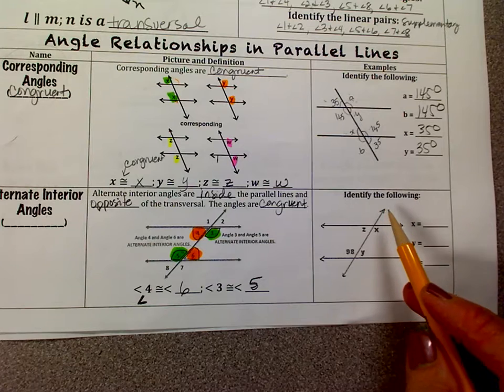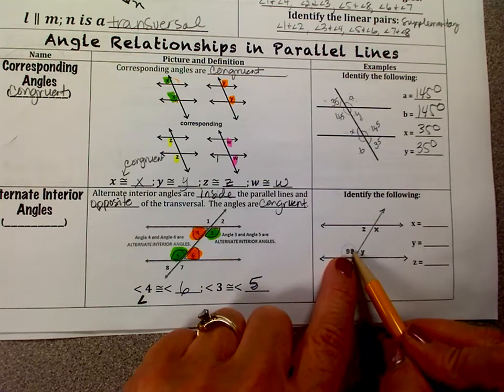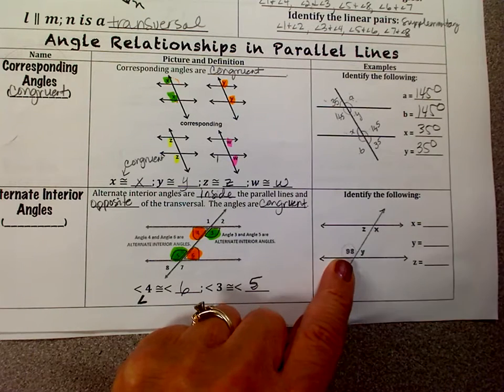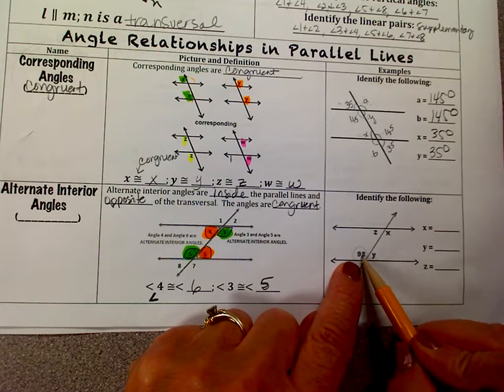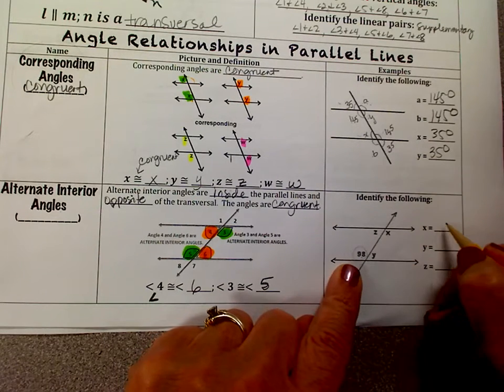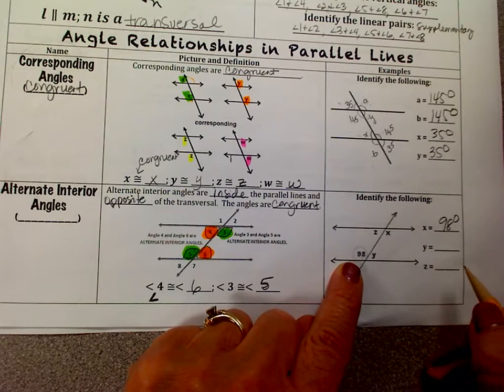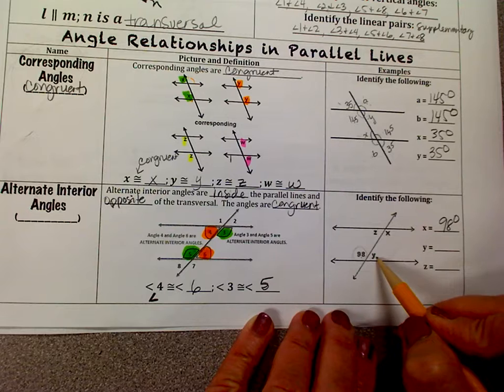Okay, identify the following. So if this angle is 98 degrees, which one is the alternate interior angle to this angle here? Which one can you rotate and you get the same measurement? Well, that's going to be x. So x is going to equal 98 degrees. Now, in order to get the z and y, we don't know either one of these.